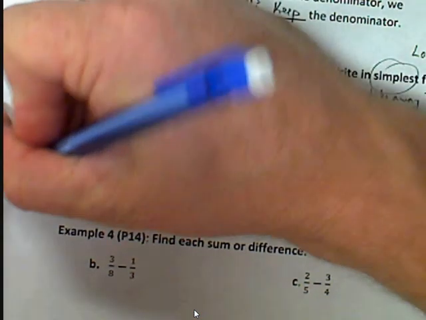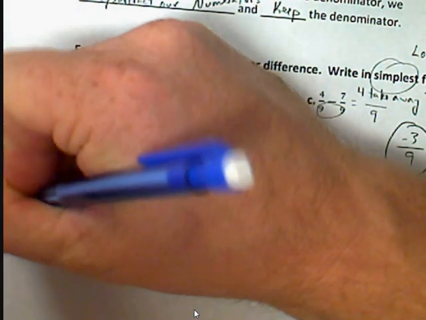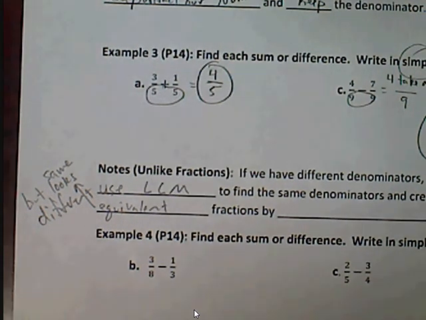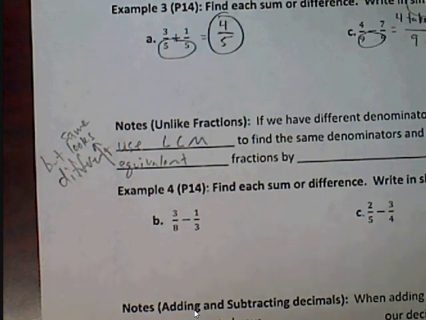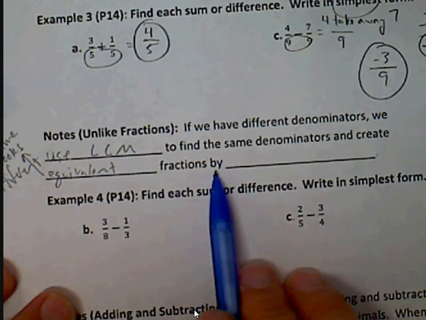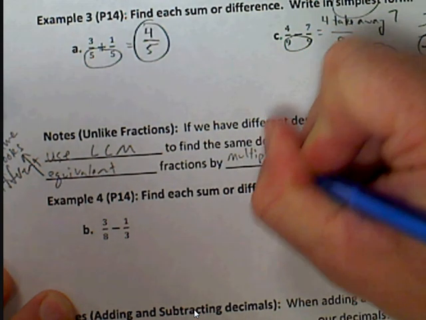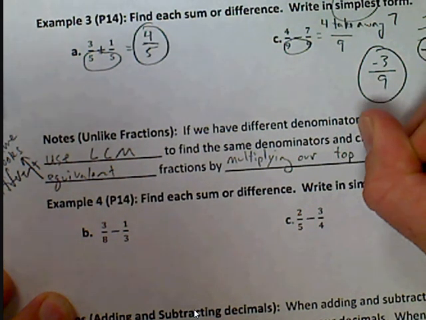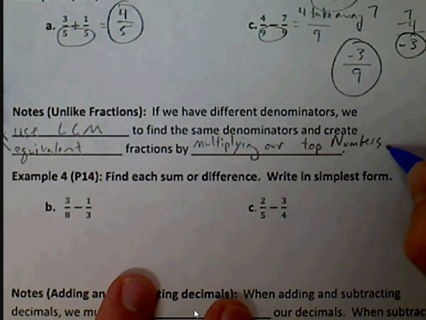Equivalent means the same but looks different. So we're going to come up with fractions that are equivalent. It means that they're the same but look different. And how are we going to do this? By multiplying our top numbers, which is our numerators, by multiplying our top numbers.